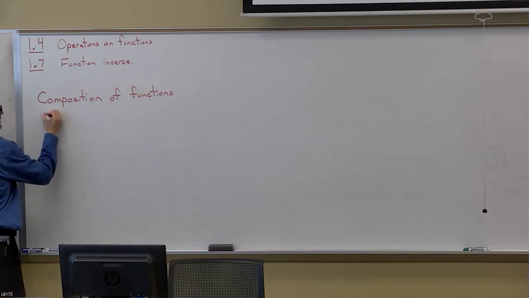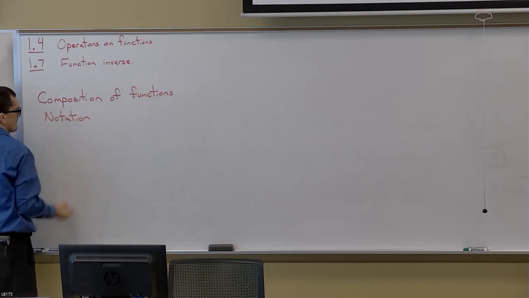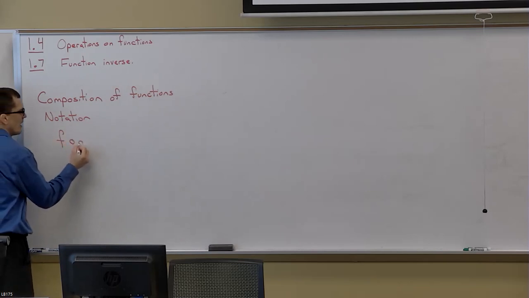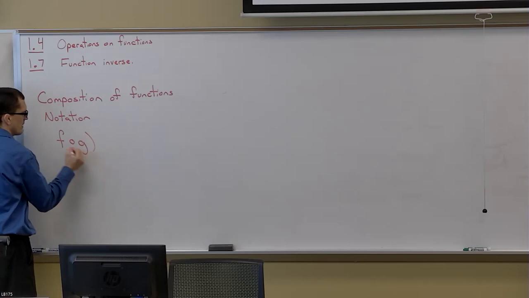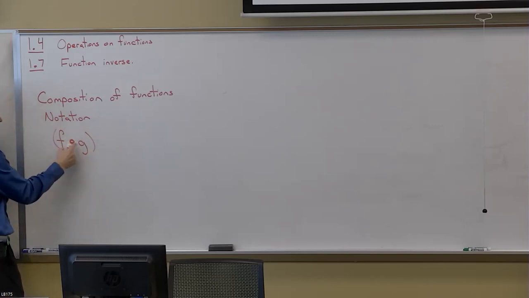And I'm going to start with the notation. It looks like f of g, where there's this little o in the middle. It's not "fog", it's just f, little o in the middle, g. It's almost like the multiplication symbol, but it's an open dot. That's a little bit bigger. That's why I said be careful with the multiplication symbol.